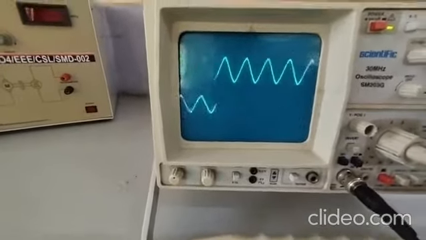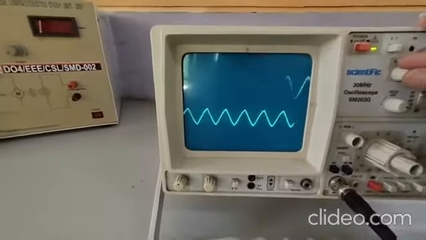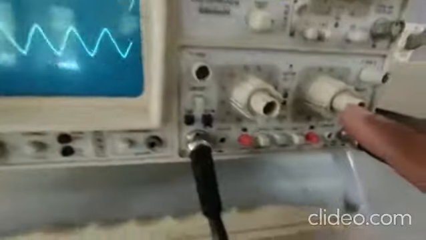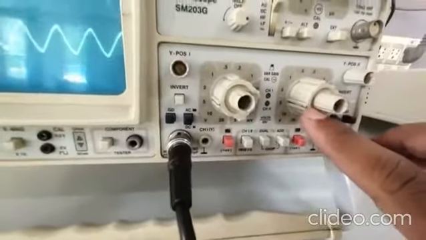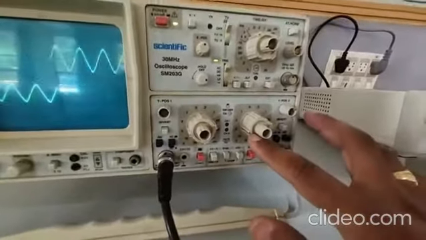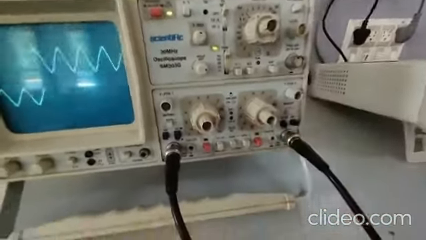You can see the second waveform. Here the output voltage is 1.6 multiplied by the constant time factor, that is 5. So 1.6 into 5, that is 8 volts, is the output voltage.